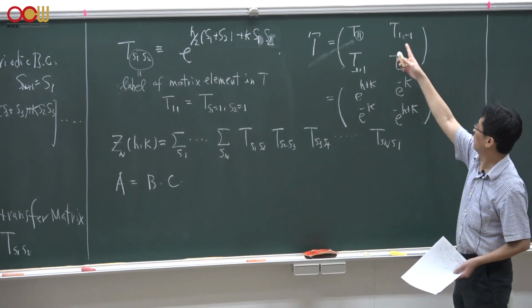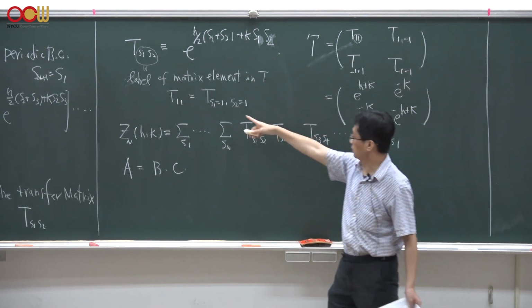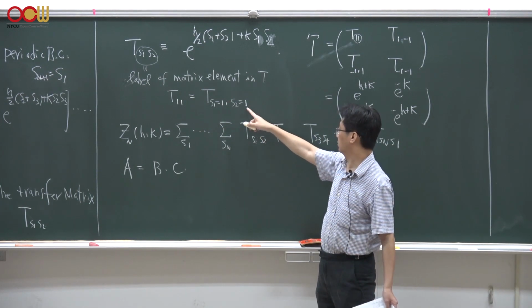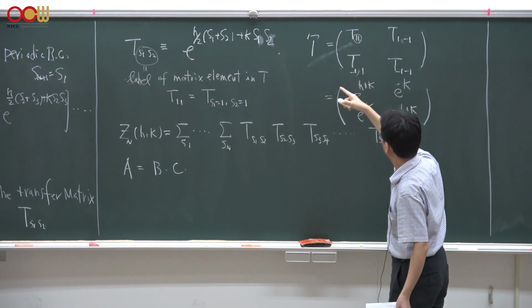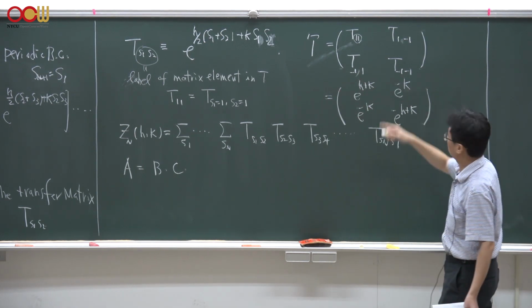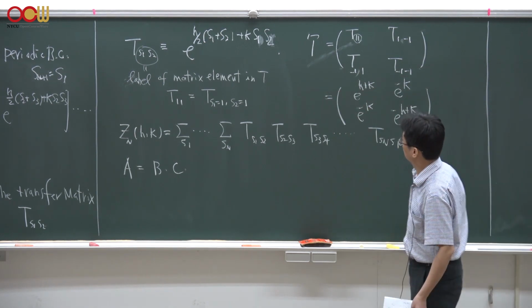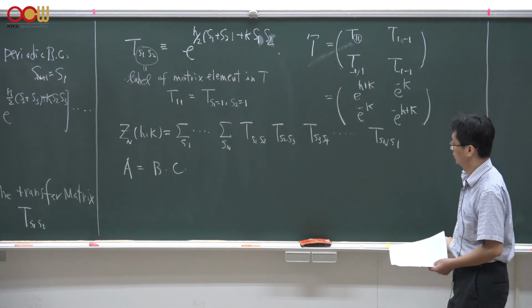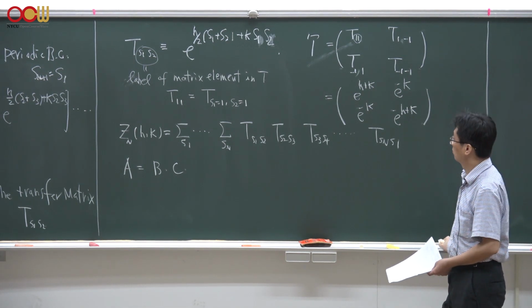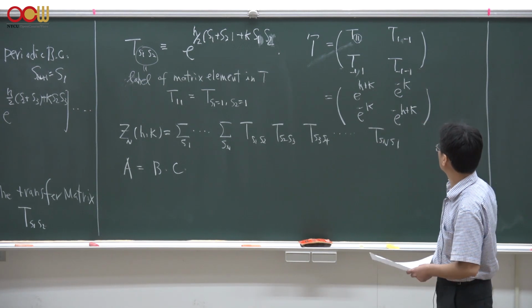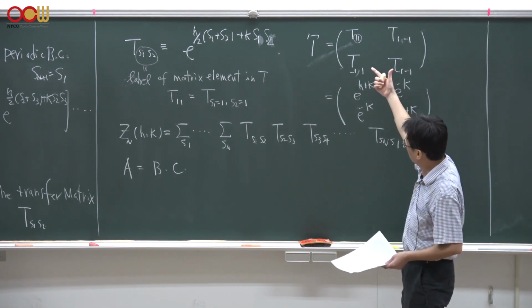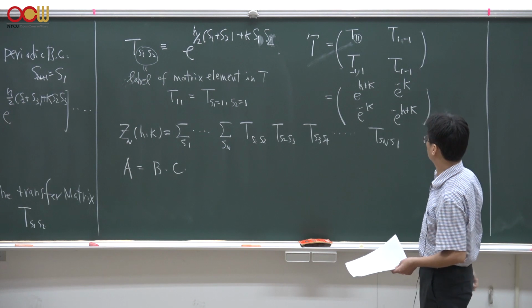So T_{1,-1} refers to the first spin taking plus 1 but the second spin taking minus 1, and T_{-1,1} is the reverse order, and T_{-1,-1} has a similar definition as T_{11}. We have 4 possible values of the transfer matrix T_{S1,S2}, and they can be cast in a 2x2 matrix like this.